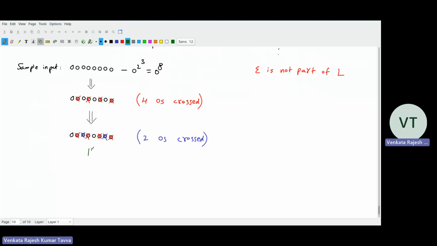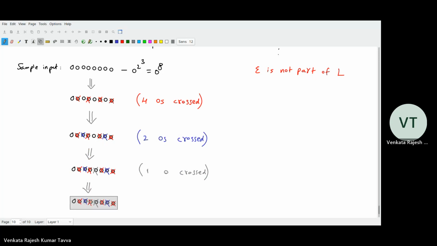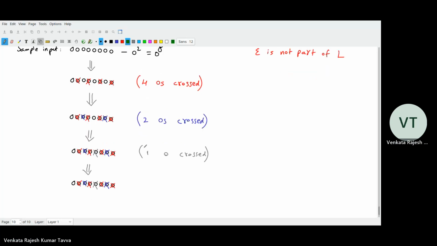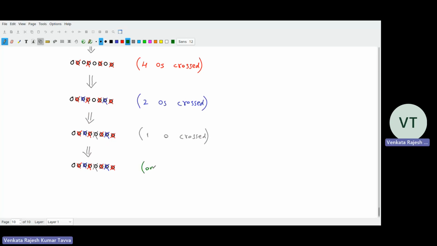And so now this is the second zero, I'll cross it. So 1 zero crossed. And I see there is only 1 zero left. So this is a valid string.